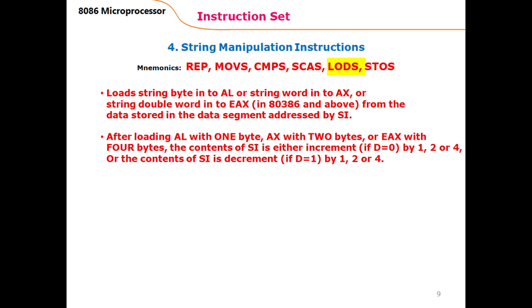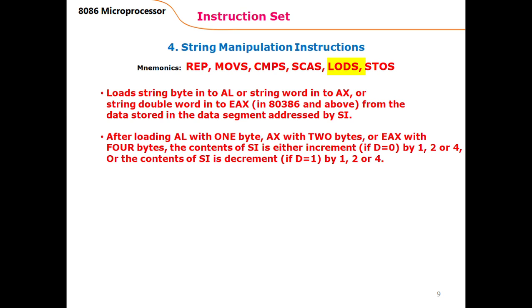The LODS instruction loads a string byte into accumulator AL, or it can load a string word into the AX register, or in the later microprocessors it can load a double word into the EAX register, or even a quad word into the 64-bit version of the accumulator, if available in the microprocessor. Each time it accesses memory, it is the data segment addressed by the source index register.